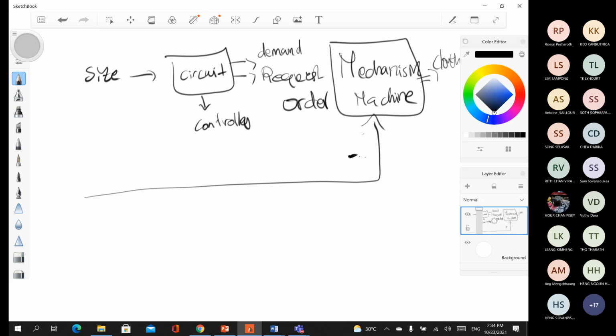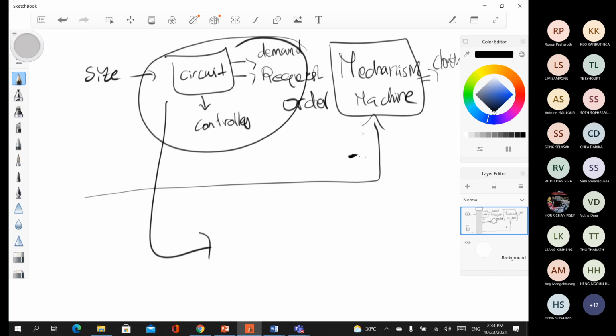So this is the way the machine works. If you ask me whether it can be represented by a mathematical formula or mathematical model, I will say that if I focus on this area, I will say yes.